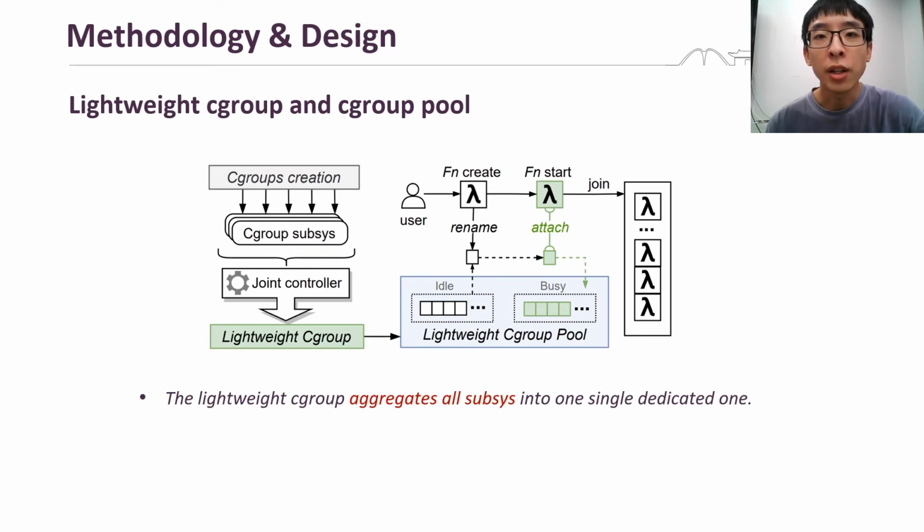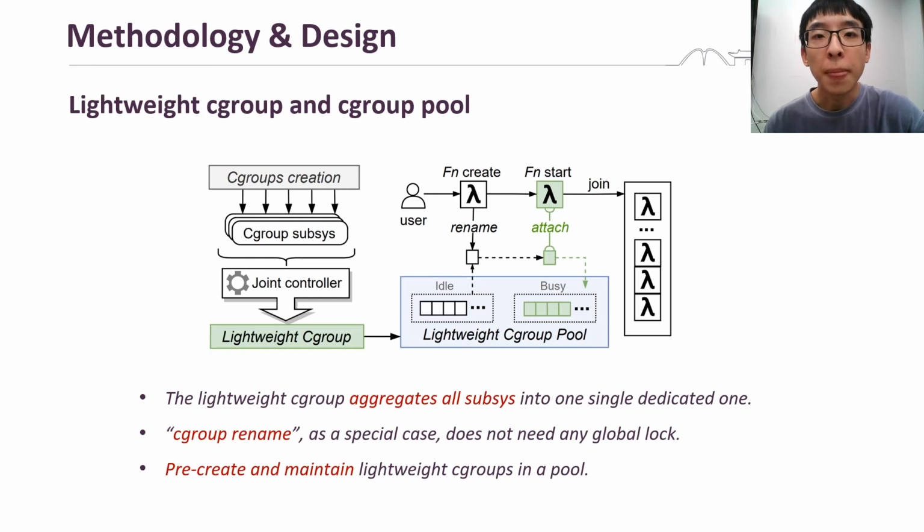Rather than creating the cgroup for each subsystem, we aggregate necessary cgroup subsystems into one dedicated lightweight cgroup. The implementation of the joint cgroup controller helps RunD reduce the redundant cgroup operations when the container is started, significantly decreasing the total number of cgroups and the system costs.